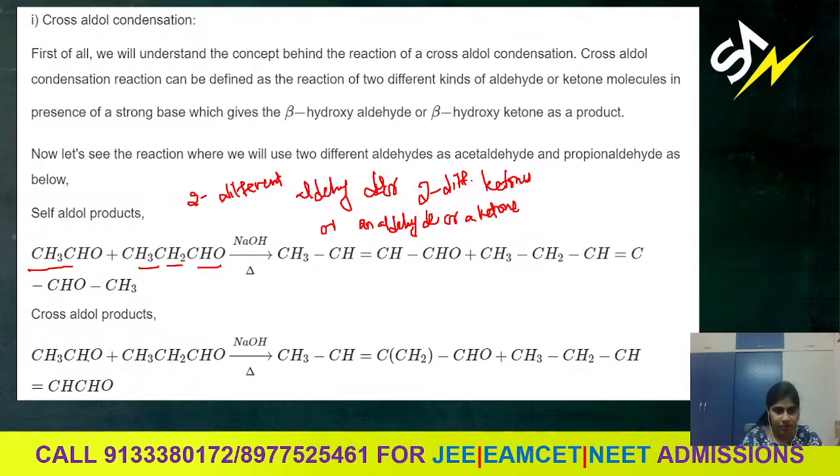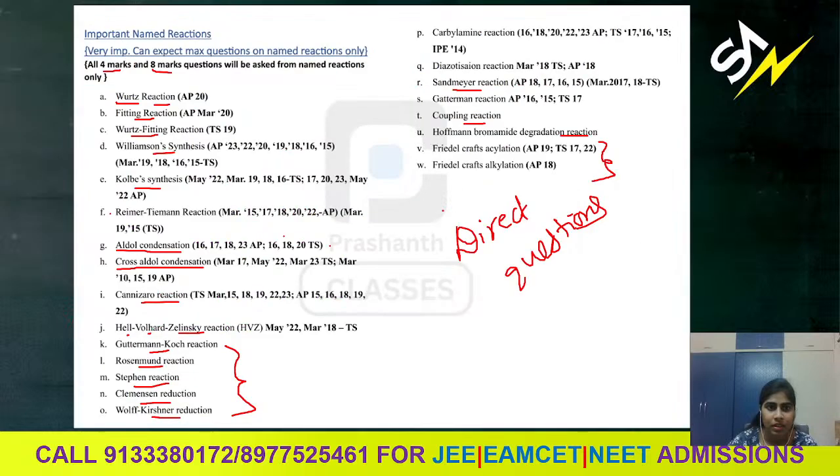And here also the same reaction. If you take different types of aldehydes and different types of ketones, or a reaction between an aldehyde and a ketone, those types of reactions are known as crossed aldol condensation reactions. So try to practice all the named reactions in this slide and remember them.